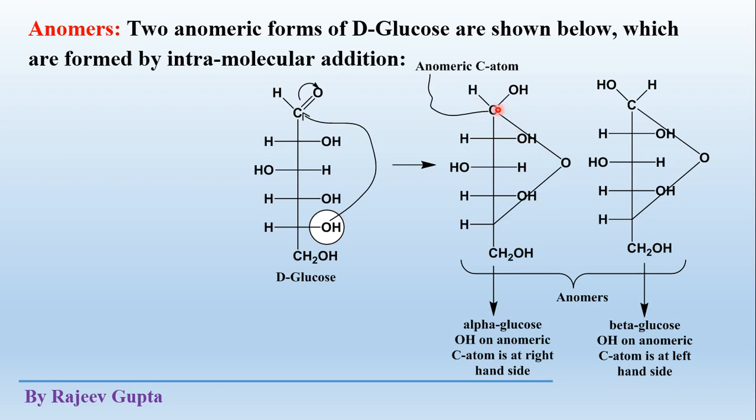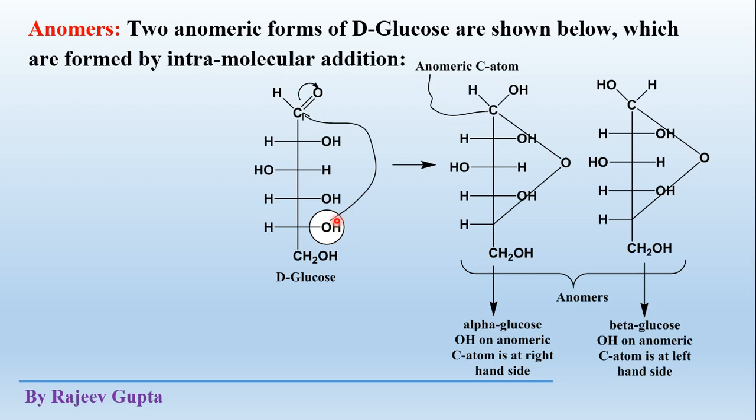A 6-membered cyclic structure, 1, 2, 3, 4, 5, 6, a 6-membered heterocyclic structure where the oxygen atom comes as a heteroatom. The attack of this oxygen atom on this carbonyl carbon could be from the top side or from the bottom side, because this carbonyl carbon has two faces, an upper pi bond face and a lower pi bond face.